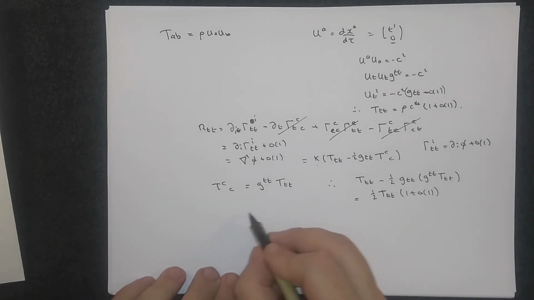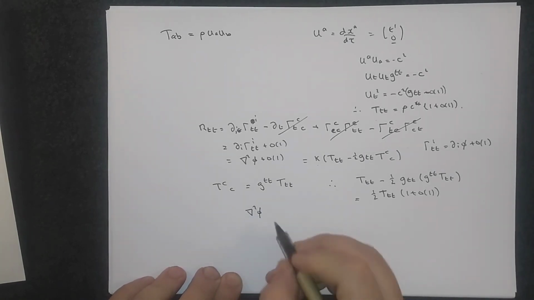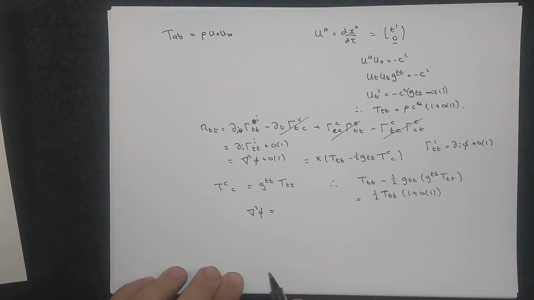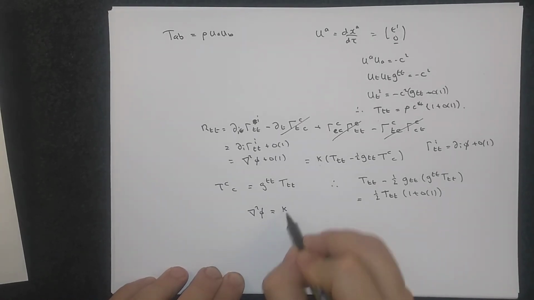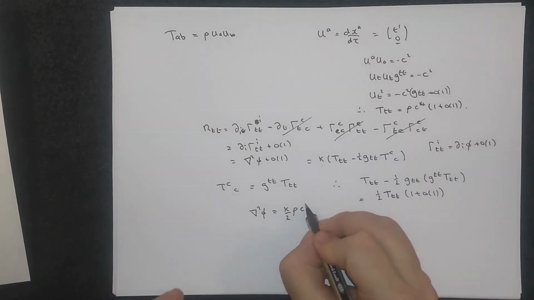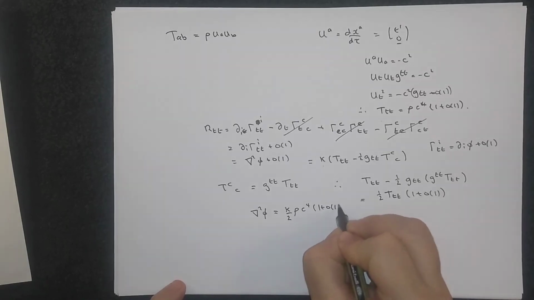Therefore, del squared phi is equal to kappa over 2 times rho c to the 4th into 1 plus order 1.